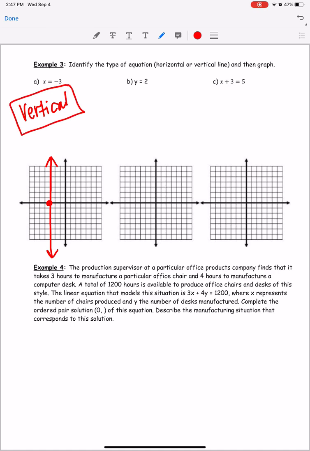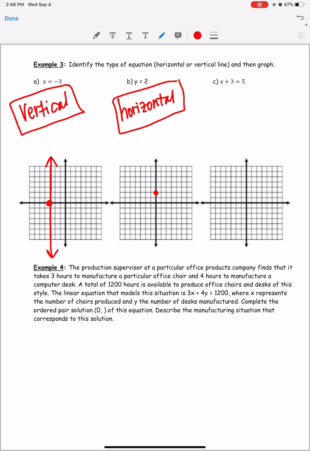So now that I know x equals a number is vertical, I should already know that y equals a number is horizontal. But still, go along your y-axis. Okay, going this way, +2. Same thing.